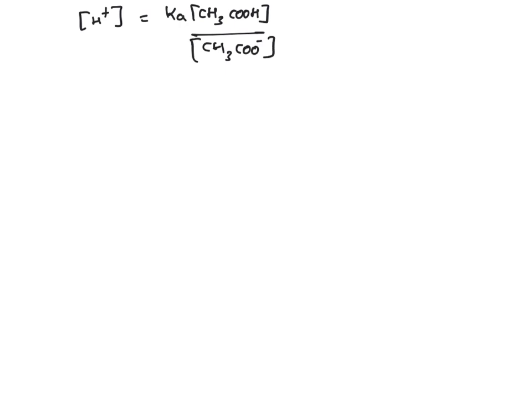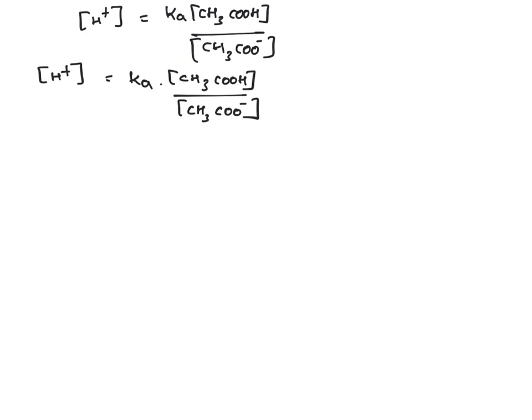So I am writing this expression as H plus equal to Ka times the concentration of acetic acid by the concentration of acetate ion.